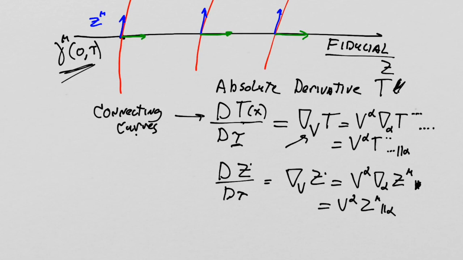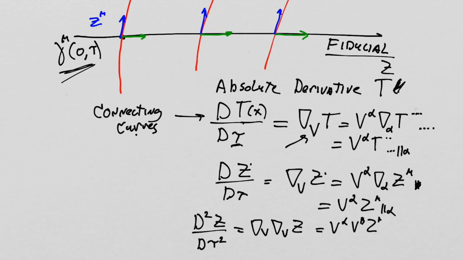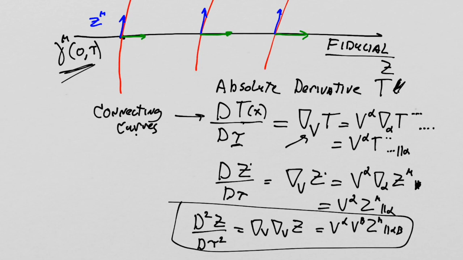What's important is D squared z d tau squared, which is the covariant derivative in the direction v twice of z, which is ultimately v alpha v beta z mu double bar alpha beta. That's the guy we care about, because that represents the acceleration of this vector as you move along here. And we'll see this guy come up again in a moment.